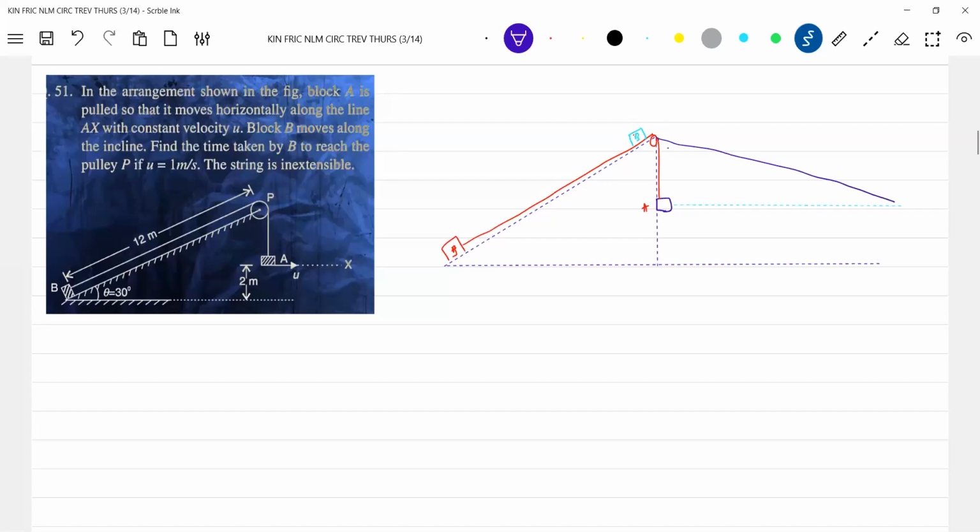So let it be somewhere here, and I'll put this in red color only.